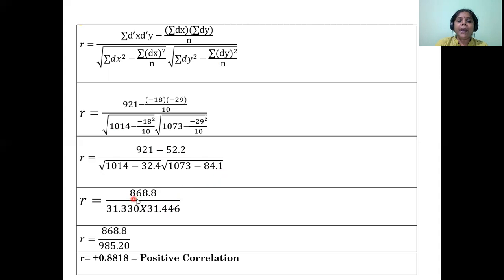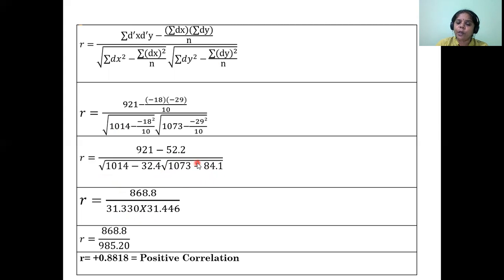That will be 868.2, divided by 1014 minus 32.4, and when you take the root of it, you will get 31.330. Okay, so 1014 minus 32.4, when you take the root, 31.330 comes, into 1073 minus 84.1, subtract that.